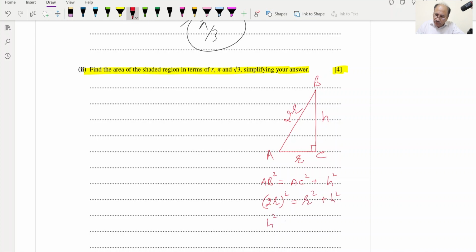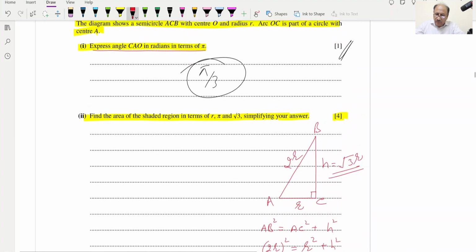So h squared will be equal to 4r squared minus r squared, which is equal to 3r squared. So h will be equal to root 3 times r. This will be the h value.